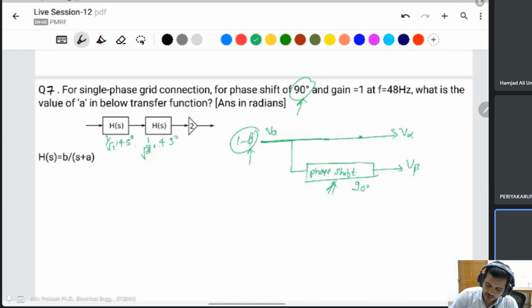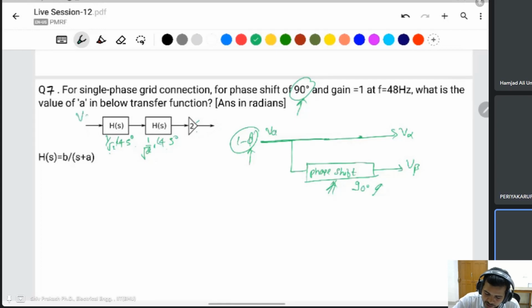Both are adding 45 degrees, so the total phase shifting is 90 degrees. And the magnitude is 1 by 2, so if you multiply by this gain block, the value 1 by 2 times 2 will be the same.